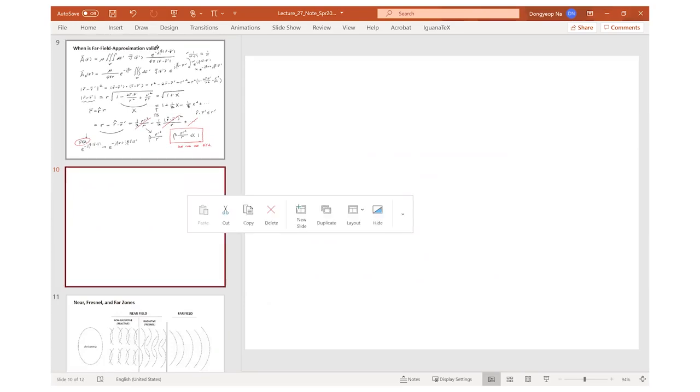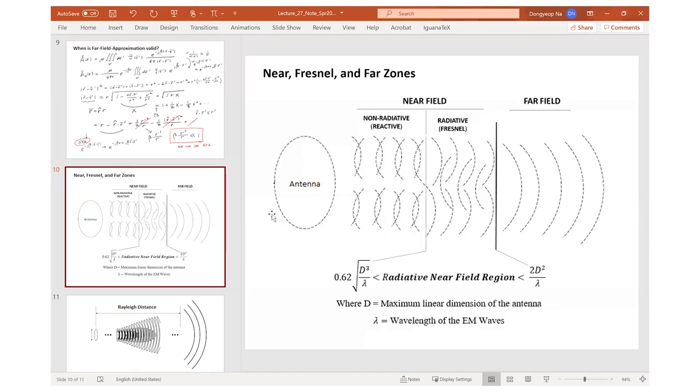And then let's talk about these three zones: near, Fresnel, and far zones. If we have an antenna, it will radiate a field. The characteristic of the EM field varies depending on the distance from this antenna. So we can broadly divide the region into two: the near field and the far field.